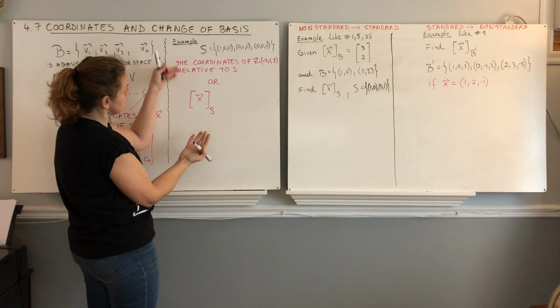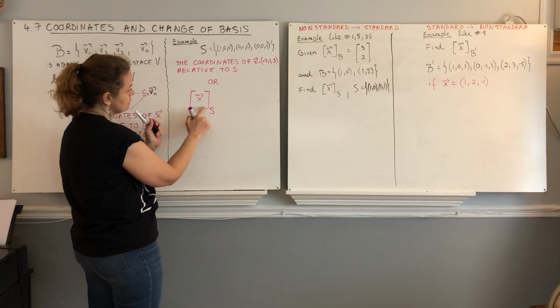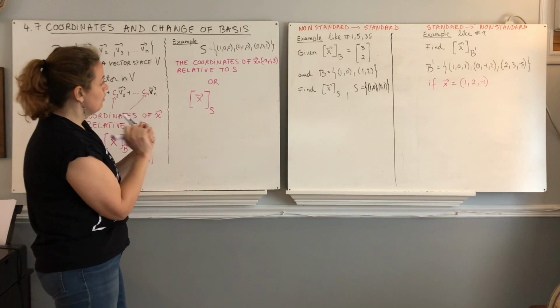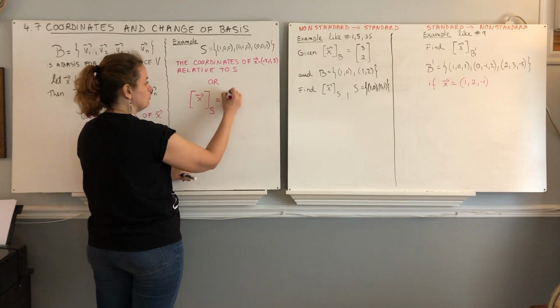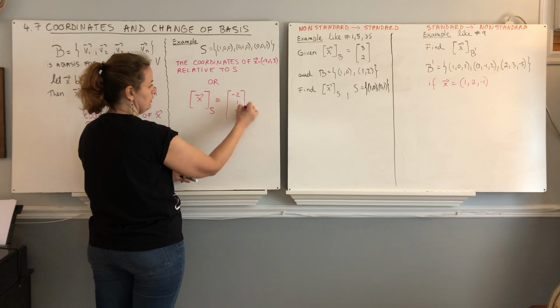So they mean the same thing, coordinates of X with respect to S. What does it mean for the coordinates of X with respect to S to be negative 2, 1, 3?